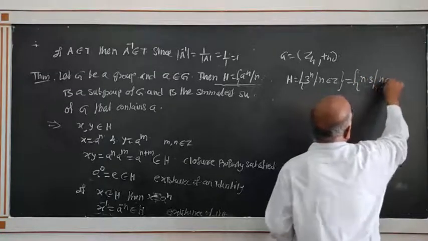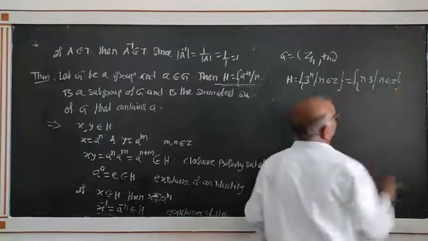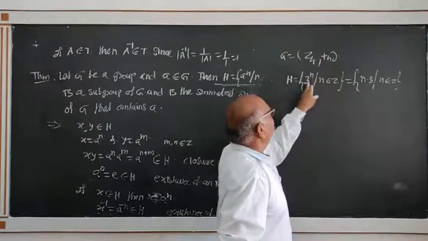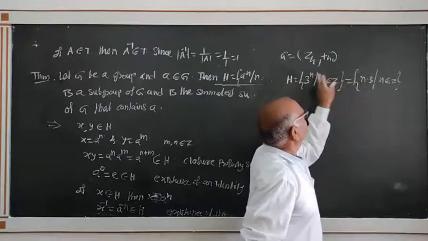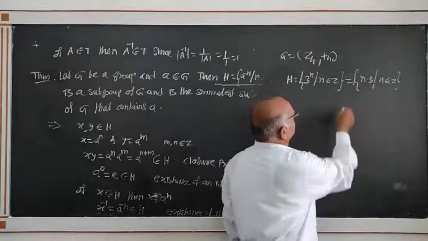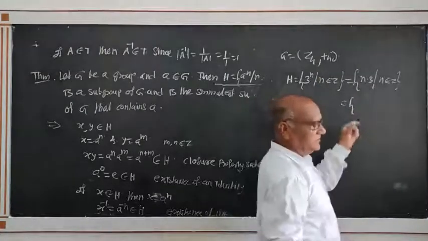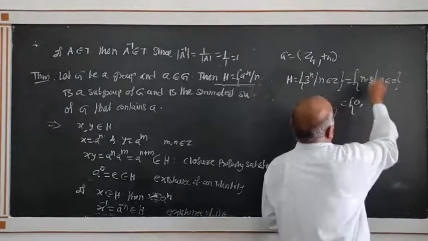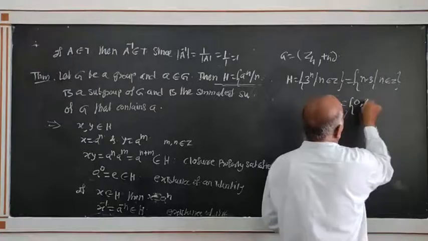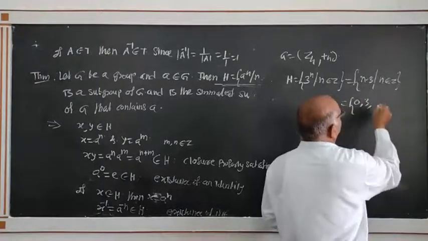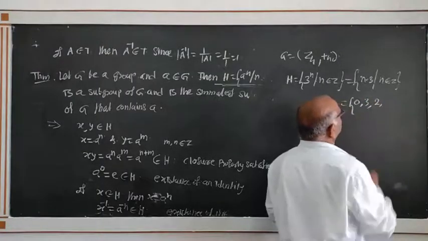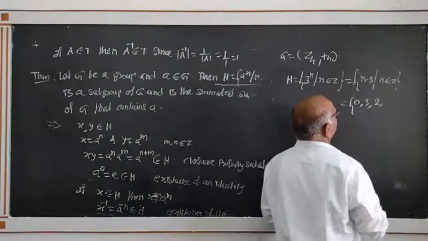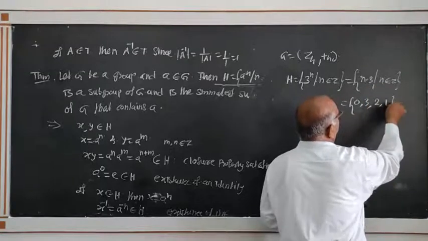If the operation is addition, then 3 to the power n can be written as n times 3. If we take n equal to 0, we get the 0 element. n equal to 1, 3. n equal to 2 means 6, addition modulo 4, again 2. n equal to 3, 9, addition modulo 4, 1.